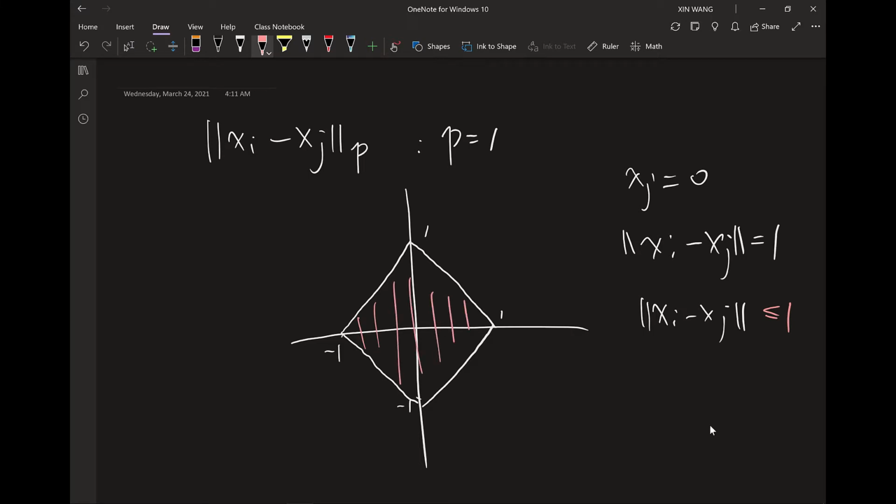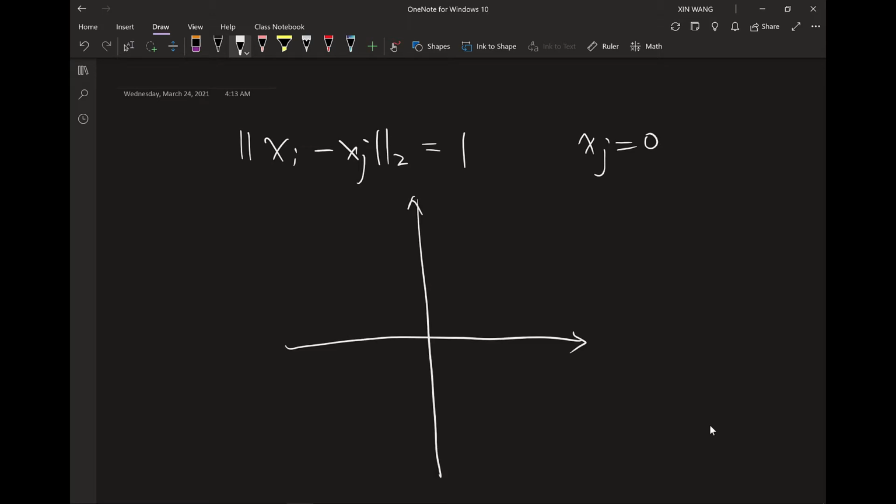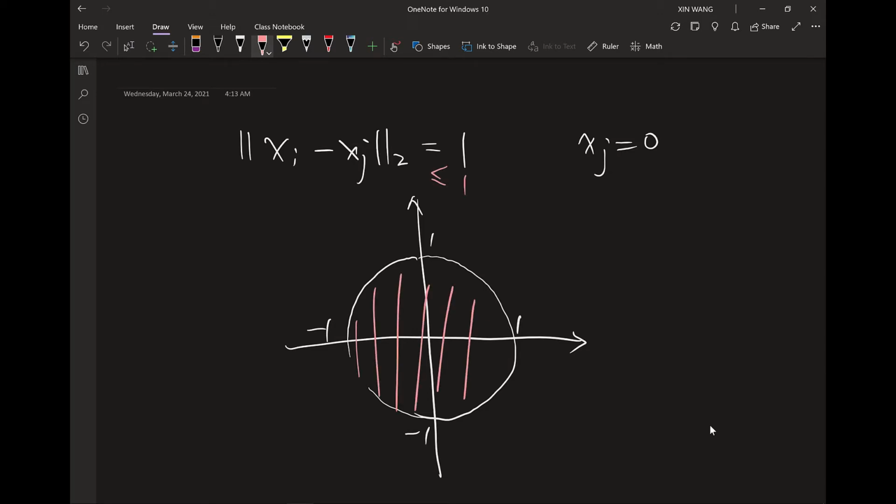If ||x_i - x_j|| is smaller than 1, that gives you all the inner part of this shape. Similarly, we have the two norm. If x_j is the origin, this gives us a circle, and if the norm is smaller than 1, this gives us all the points inside this circle.